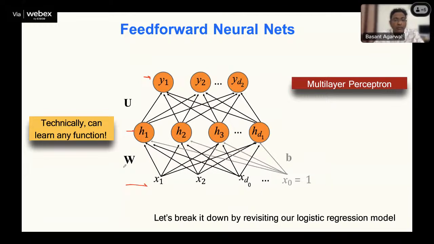Okay, and W can be represented as all the weights between the input layer and the hidden layer, and U can be treated as a matrix which has all the weights between the hidden layer and the output layer.